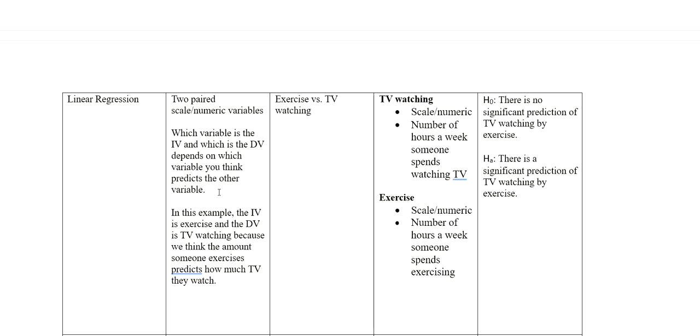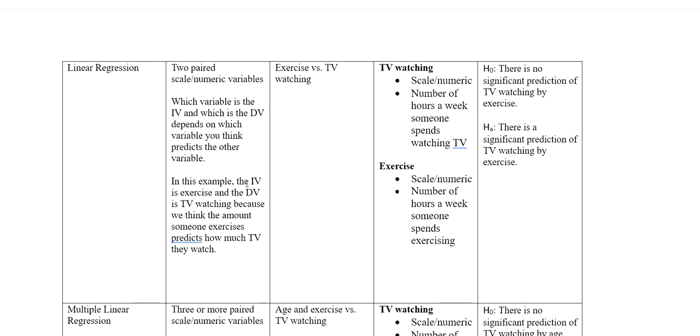So that's the big thing with a linear regression, is that it has to do with prediction and how one variable predicts the other. So in this example, the independent variable is exercise and the dependent variable is TV watching, because we think the amount someone exercises predicts how much TV they watch.